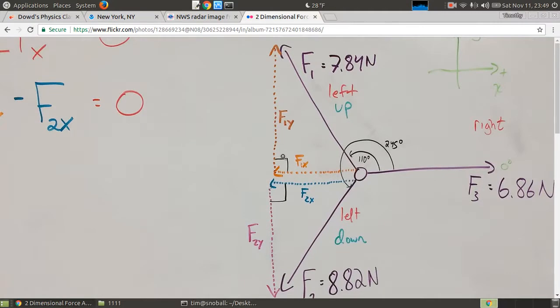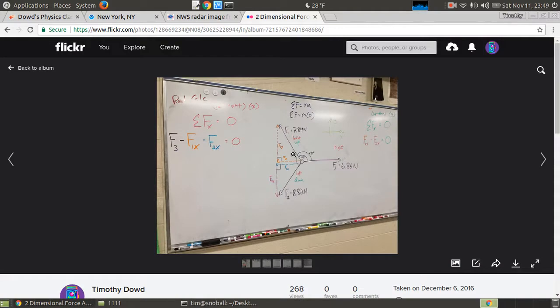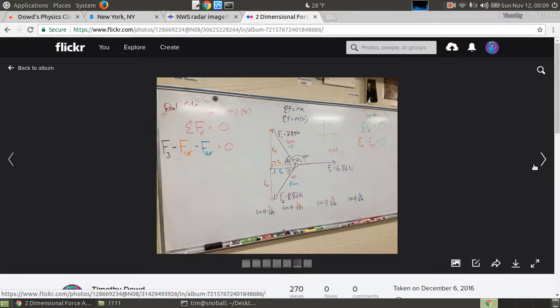So now these labels that we had in our two sum of force equations, they're actually now on our picture. And we're just going to use trig to try to solve for what these sides of the triangles are. So if we look at how we solve for this, we see that we write sine and cosine for each angle that we're interested in.